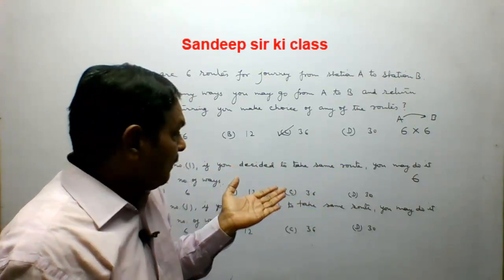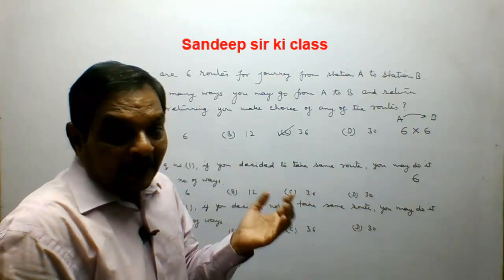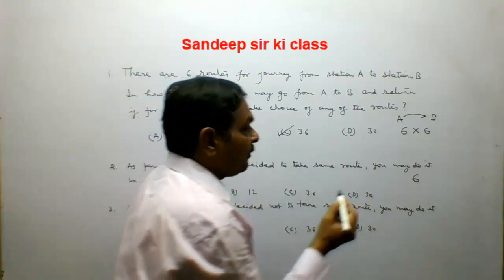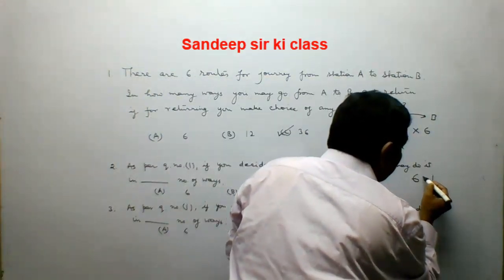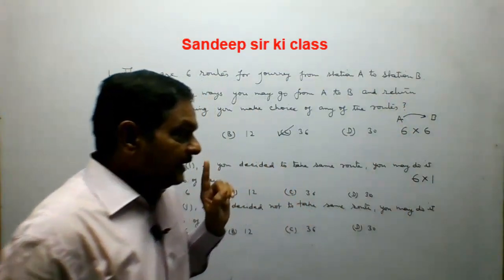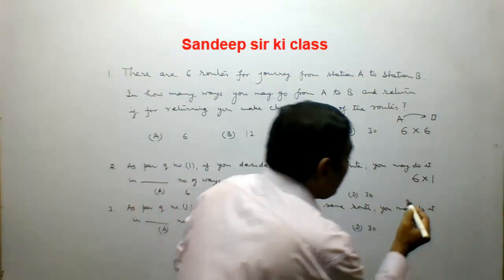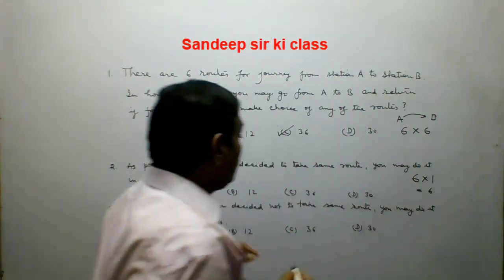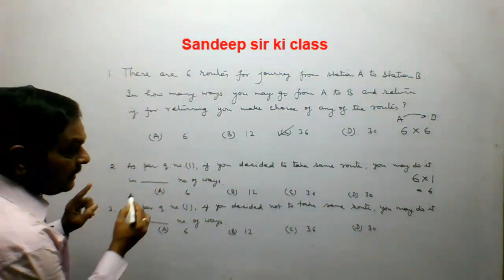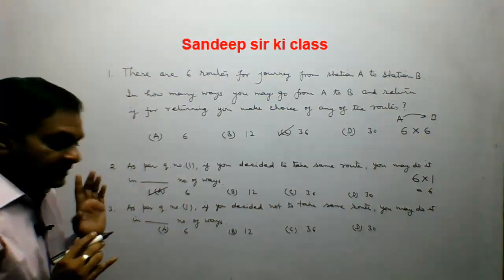Means we have only one route while coming back. That is, for coming back we have one route. So this activity can be done in 6 into 1, that is 6 number of ways. So we have here answer A, which is the correct answer.